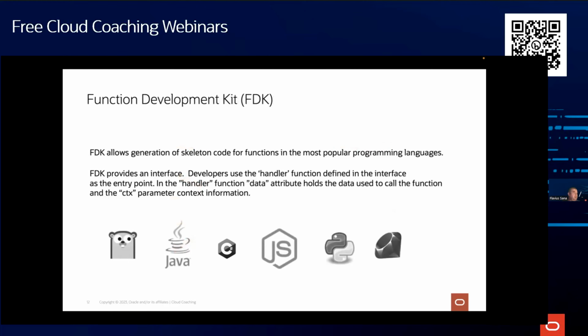Like I said, you can build your functions in different programming languages. I will show you later during my demonstration a repository with a couple of examples. This is an official GitHub repository with some examples of functions written in different programming languages. But Python is a very popular choice for writing functions, Java as well, and Golang.